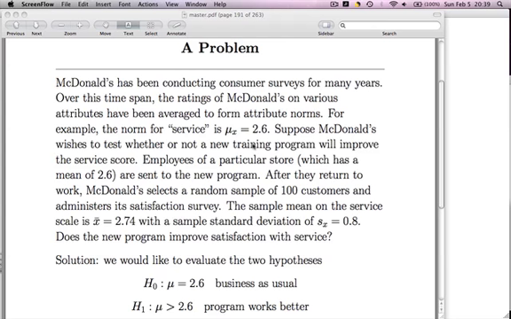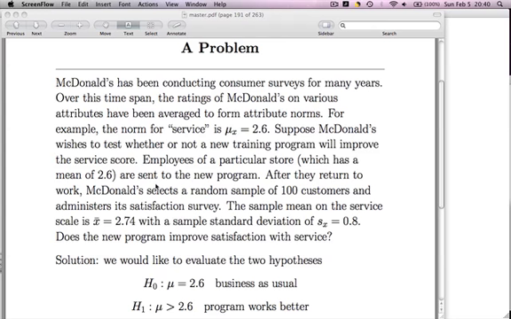To motivate this, turn to about page 191 in your course packet, where we have a little problem. McDonald's conducts customer satisfaction surveys and has been doing it for many years. Over this time span, McDonald's has established various norms for what a franchisee should be at if they're doing okay.